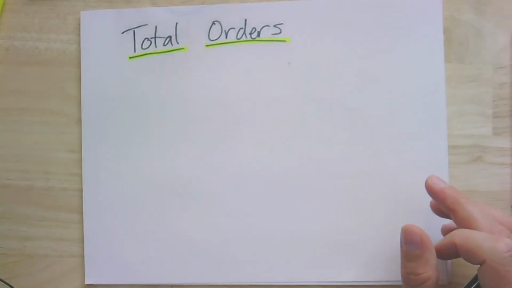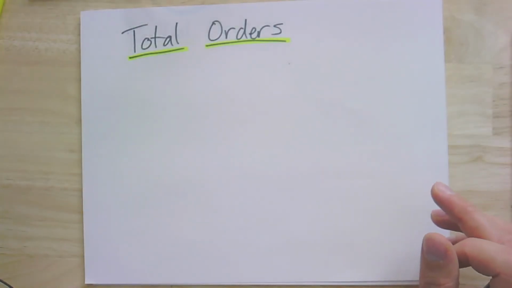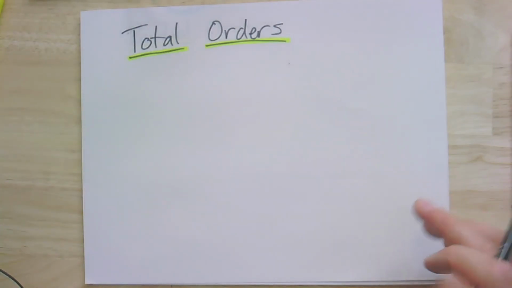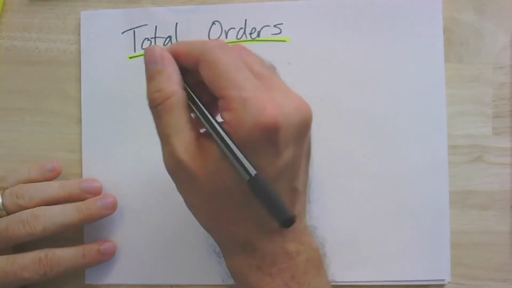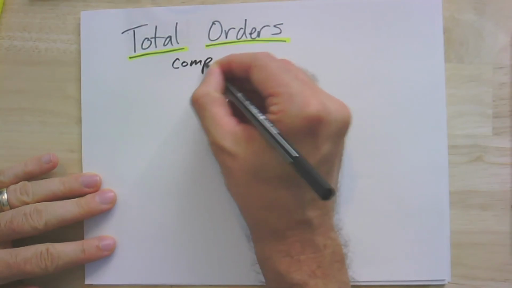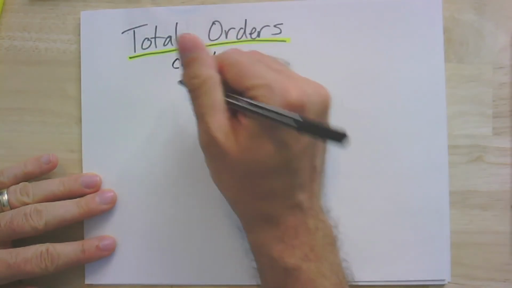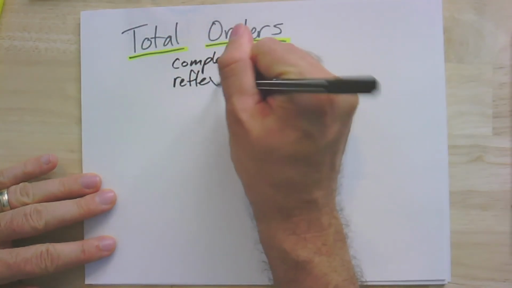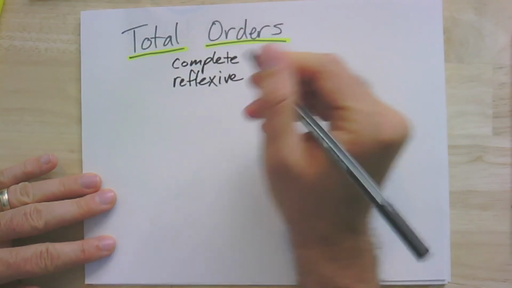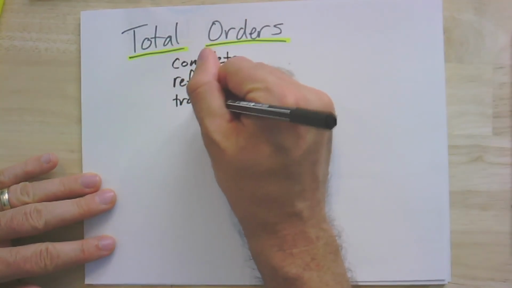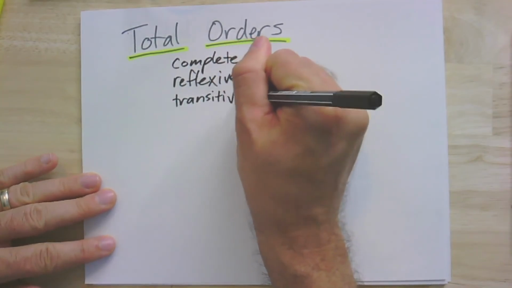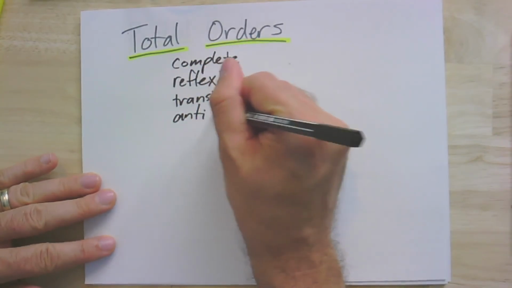All right. Another cool kind of relation that we're going to encounter quite a bit are total orders. These are binary relations that are complete, reflexive, transitive, and antisymmetric.